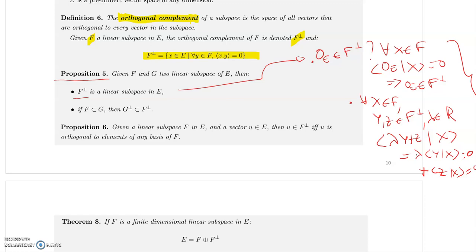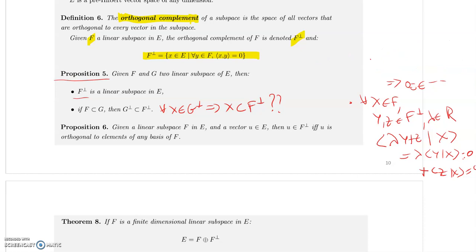We need to prove that every item in G orthogonal also belongs to the bigger one. That's what we need to prove. Let me first erase what I have written for the previous one so that I've got a bit of space to do the proof.